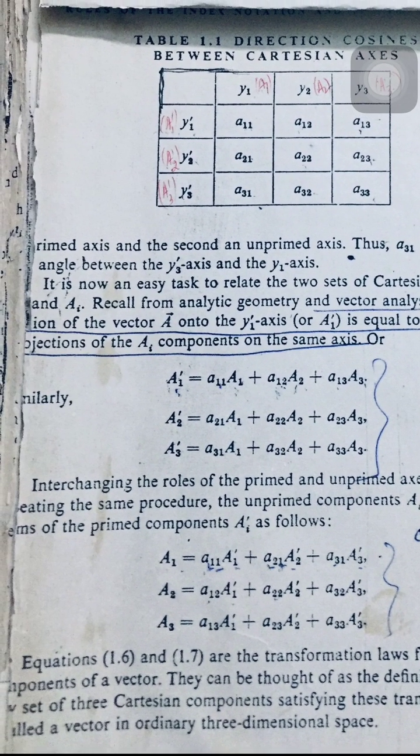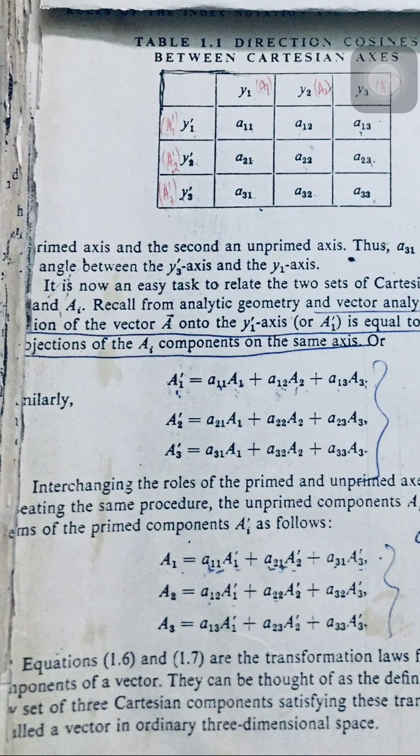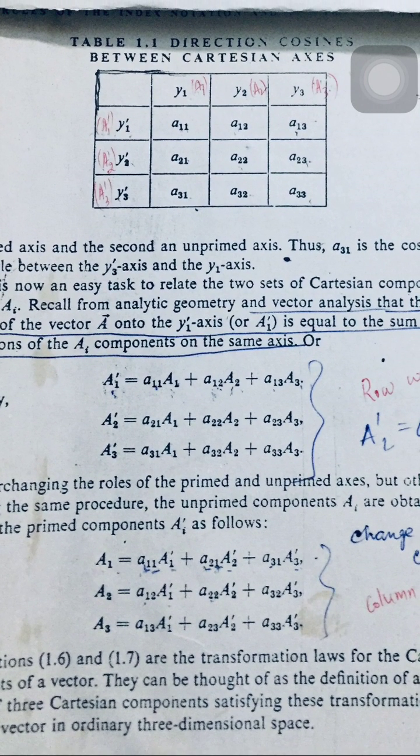Now, interchanging the roles of primed and unprimed axes. If we want to go from unprimed to primed or primed to unprimed, vice versa, we can say a1 is obtained by column wise multiplication in place of row wise. In the earlier set of equations we took row wise, now we take column wise.